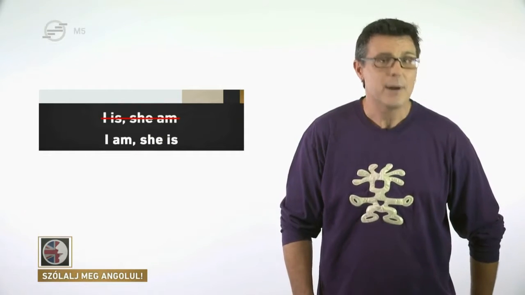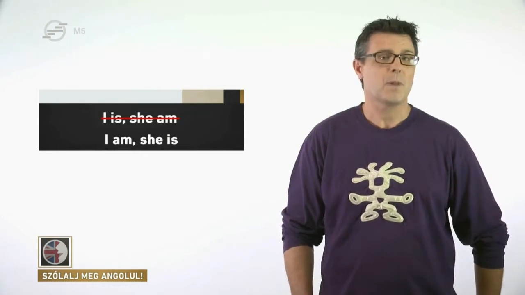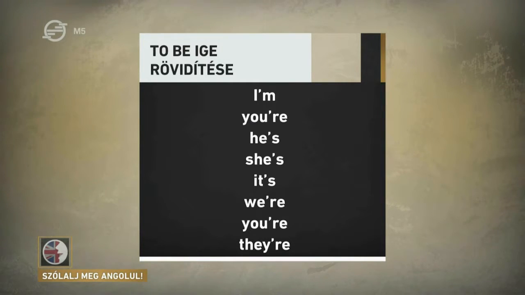It's I am and she is. Okay, that's the full form, but as you all remember, we normally use the short form, don't we? Okay, let's see the short form for the verb to be. I'm, you're, he's, she's, it's, we're, you're, they're.